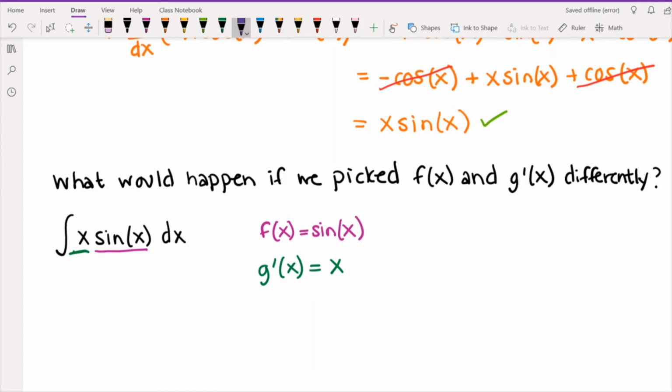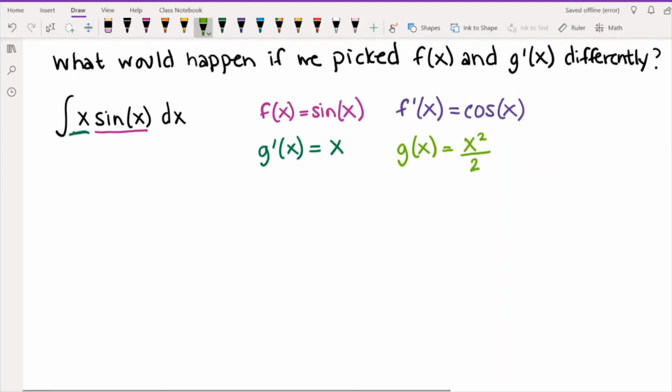Well, we would then have to take the derivative of sine of x, and that would give us cosine of x. And then we would have to take the antiderivative of g prime of x. So the antiderivative of x would be, I think I flipped my colors here from what I wanted, but that's okay. The antiderivative would be x squared over 2.